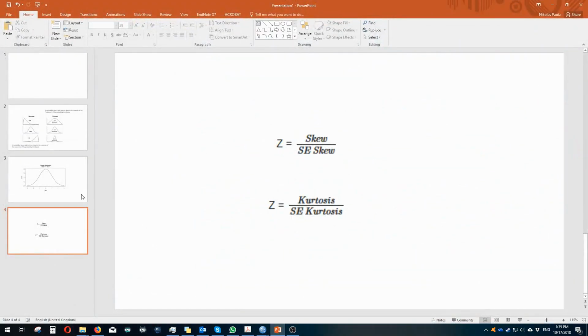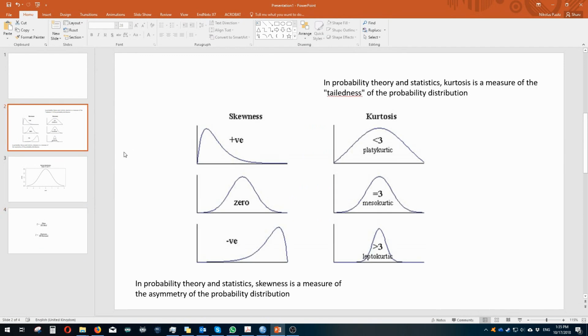So what exactly are skewness and kurtosis? Let's start with kurtosis as an example here. In statistics, kurtosis is a measure of the tailedness of the probability distribution. The tailedness is pretty much the spread of the distribution line.